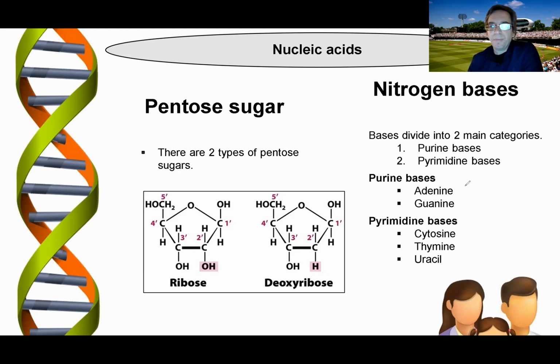It's important to remember that in DNA, we have adenine, thymine, guanine, cytosine. I'm giving the shorthand here. Whereas RNA only has these, so it has uracil instead of thymine.